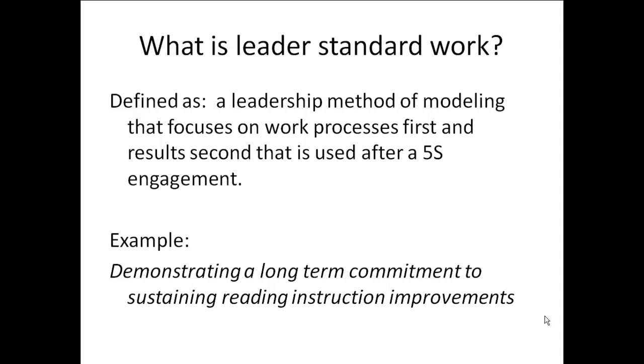So the difference here is that typically in central office you feel a lot of pressure to make sure that you get those results. And so you might talk a lot about results, and results are certainly important and critical. But the focus on results is somewhat misplaced, because if your results are off, the reason that they're off is because there's some kind of a problem in a process that's in place in your district.